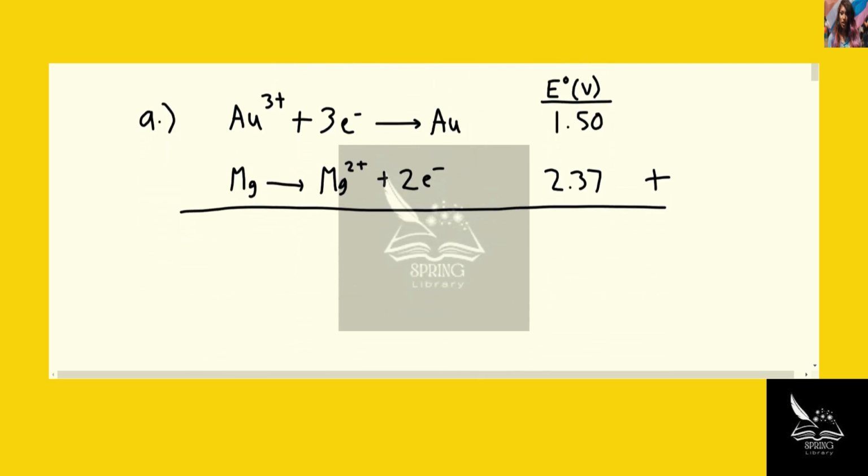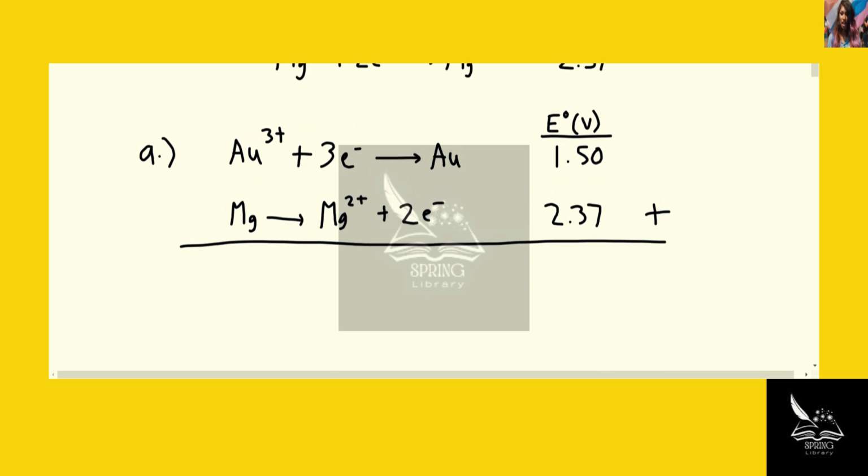And when we combine those two half reactions in that way, we see that this is what that results in. And now we have to cancel out the electrons on each side. So in order to do that, we need to multiply the top half reaction by 2 and the bottom one by 3, so that we are canceling out a total of 6 electrons on each side.